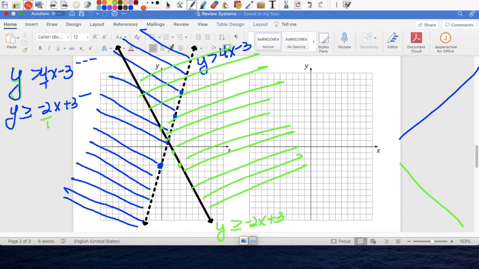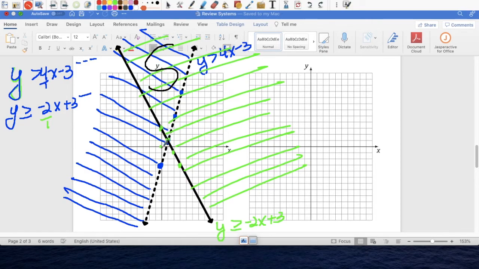And that is your solution area. I'll put a big S here. Okay, so any point in that area satisfies both inequalities. Any point only in the blue area satisfies the first inequality, and any point only in the green area satisfies the second inequality. So let's pick a point that is in our solution area.